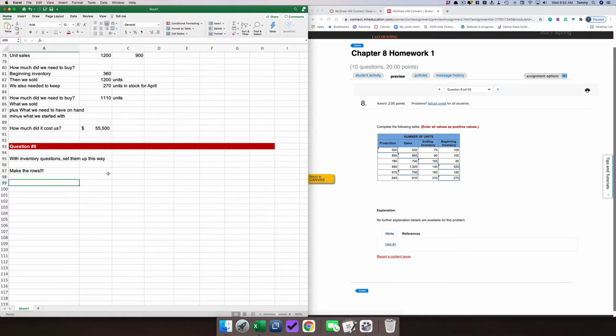So the rows should be beginning, what you made or what you added, what you used, what you ended with.